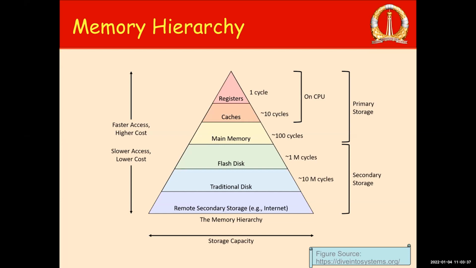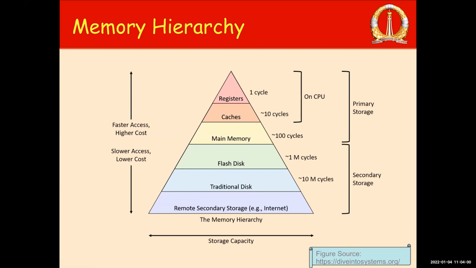Then we have main memory, which in today's context is in the order of a few gigabytes to a few tens of gigabytes. Then, of course, you have the secondary storage and so on. As you go down the memory hierarchy, the size increases, but the access time also increases.